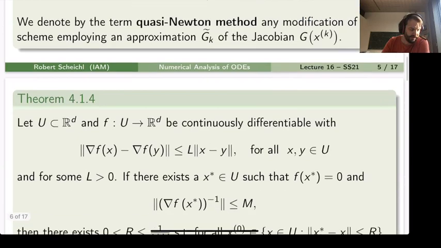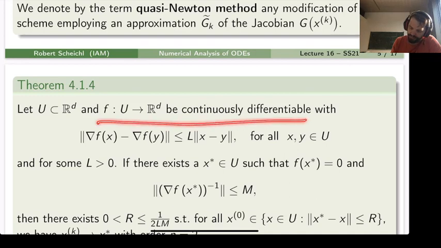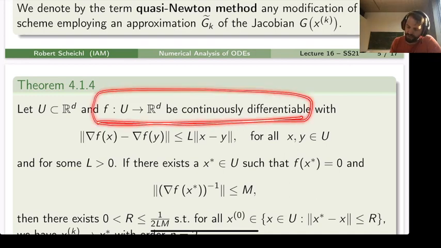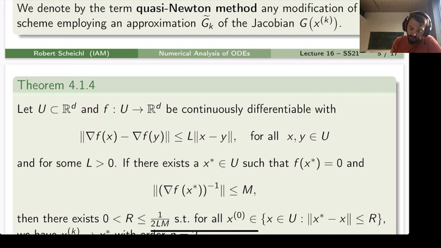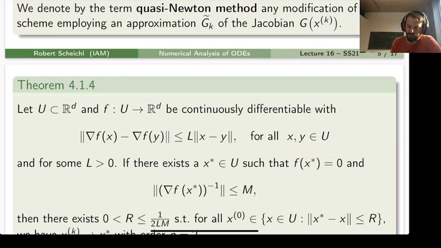Now I'm recalling the theorem from numeric 0 that we proved there. Let U be some subset of ℝᵈ, and let f be continuously differentiable on this set U. Moreover, it's not just continuously differentiable, its derivative, or its Jacobian, is also Lipschitz. This is a matrix norm here, and this is a vector norm.